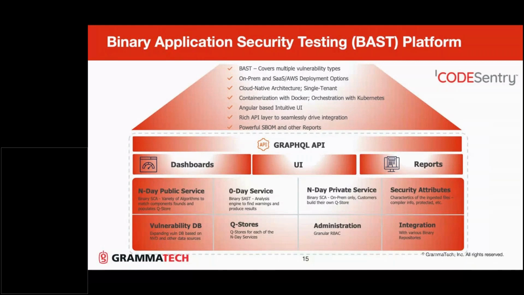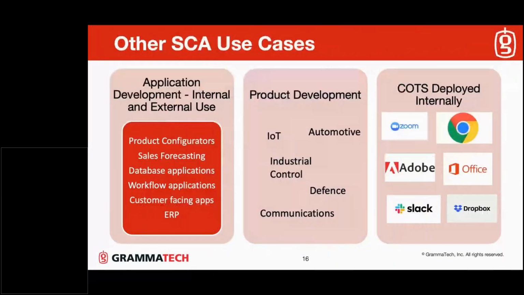So three primary use cases. We've talked a little bit about COTS from the perspective of your supply chain. You're buying these things in, you're deploying them within your infrastructure. I was talking to an ex-CISO of a bank the other day, and we were talking about the fact that you might get these applications delivered.